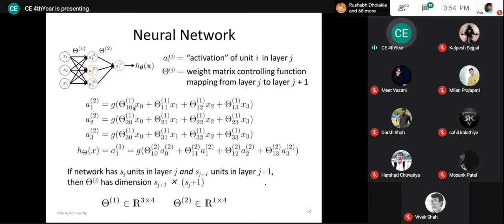So x0, which is multiplied by theta of 1, 0, where this last 0 indicates the previous layer and this 1 indicates the current layer, that is for A1. So this is, you can say, a weight between the bias of the input and A1.